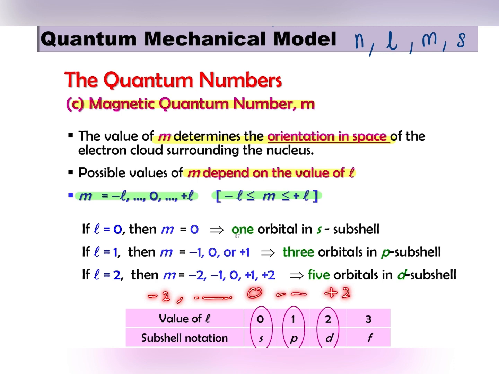So in between the range, kita ada negative 1, positive 1. So that is why you akan ada value of M, it could be negative 2, negative 1, 0, positive 1 or positive 2. So maksudnya ada 5 jenis orbital in the D subshell. Macam mana kita nak tahu this numbering, berapa banyak orbital yang ada dalam setiap subshell tu? Untuk lebih jelas, kita akan tengok diagram.